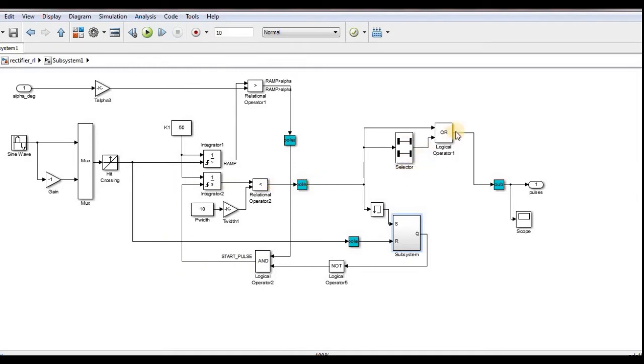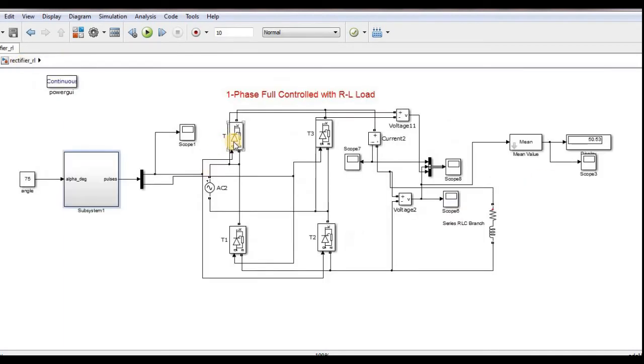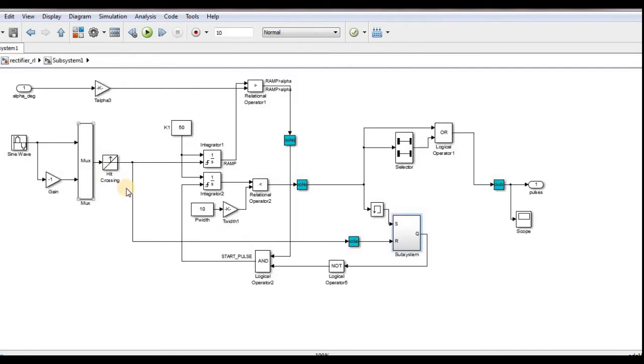And these are the two pulses. Basically two pulses are coming, and these two pulses I am giving to these four switches. The same pulse I am giving to these two switches, and this another same pulse I am giving to these two switches. So pulses for these switches will be automatically generated after 180 degrees, because there is a zero crossing.